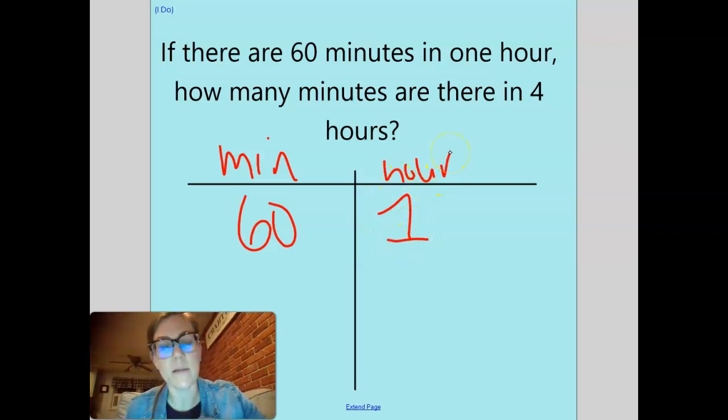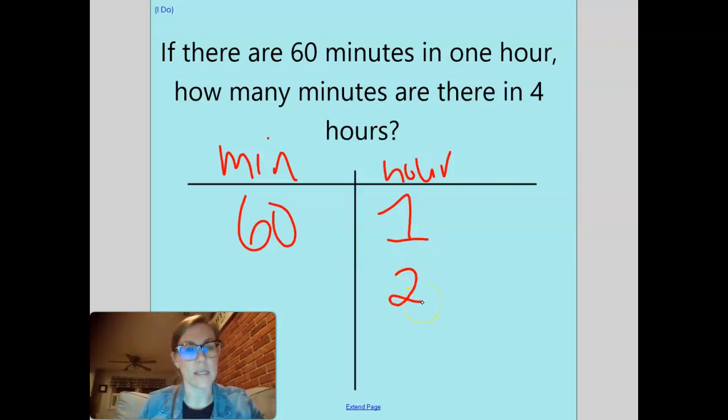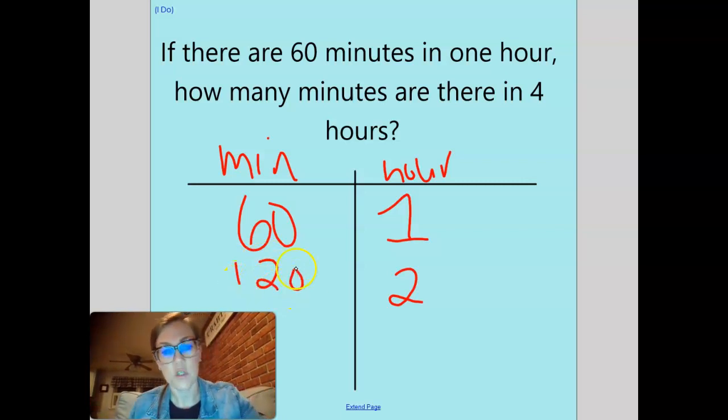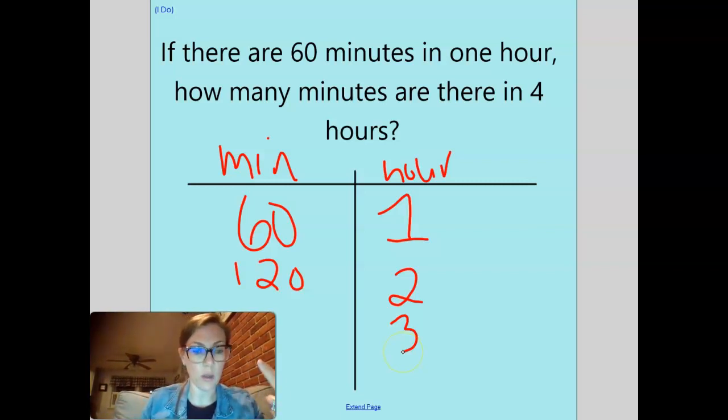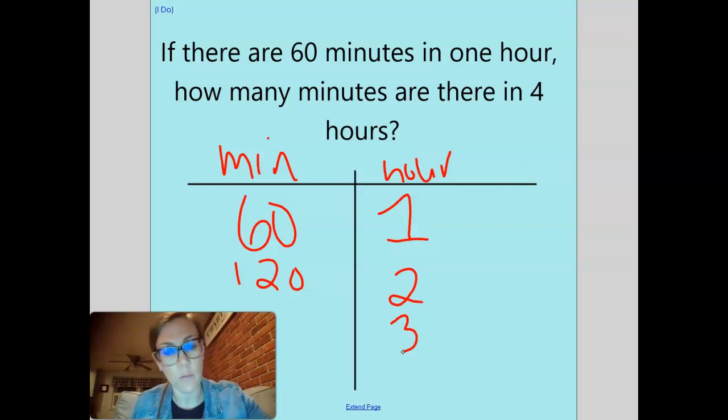Well, if there are 60 minutes in 1 hour, then in 2 hours, that would be 60 plus 60. That's 120. So then 3 hours would be 60 plus 60 plus 60. 60 plus 60 is 120, and 120 plus 60 more is 180.